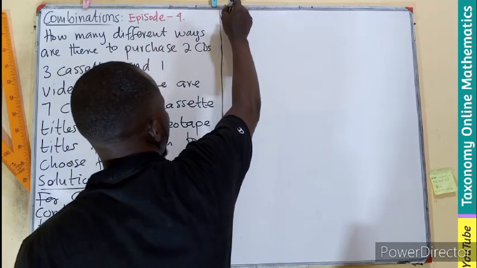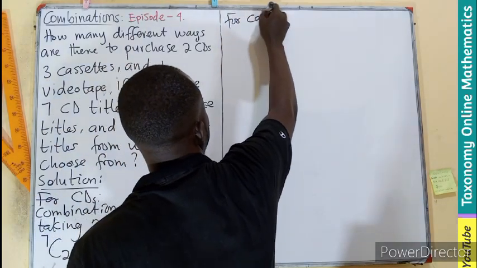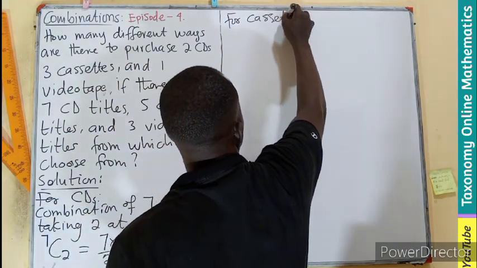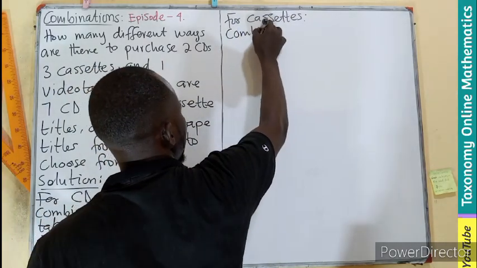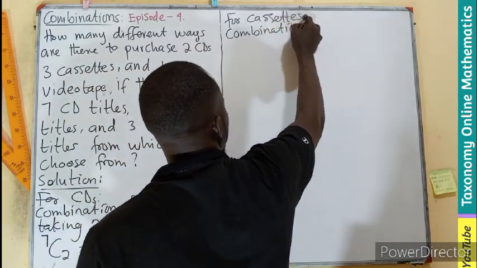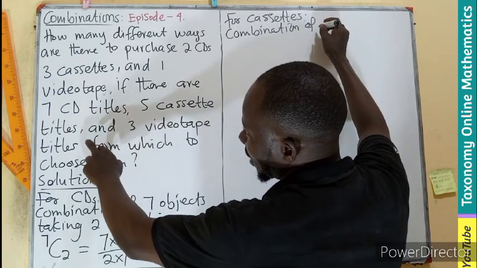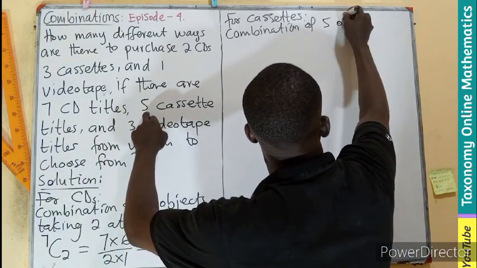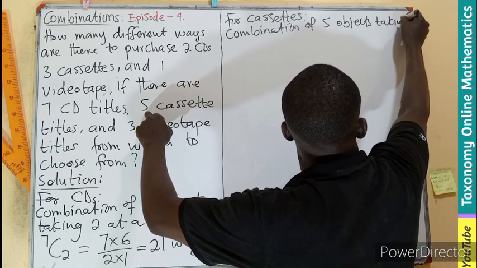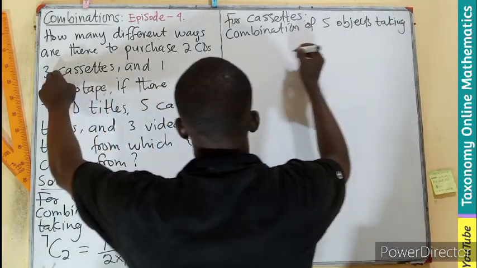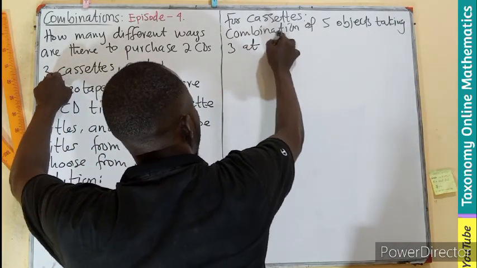Then we pick for the cassettes. We have the combination of how many titles? We have 5 objects, taking 3 at a time.